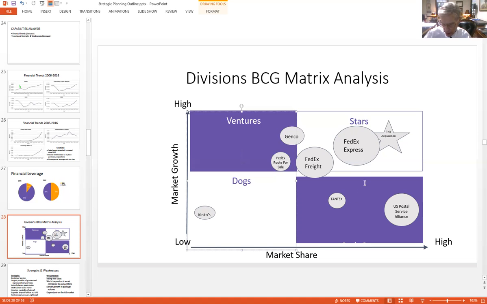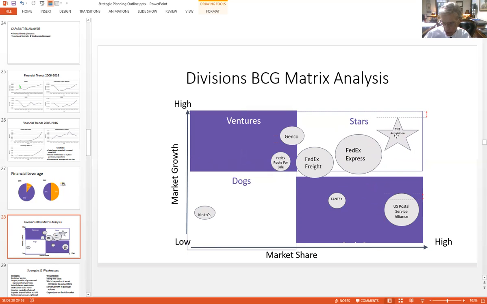Now, in time, what will happen is that the market will grow mature, and it won't grow so fast. And so eventually, this business, and indeed FedEx Express has moved down to this category, or it certainly has gone in that direction.